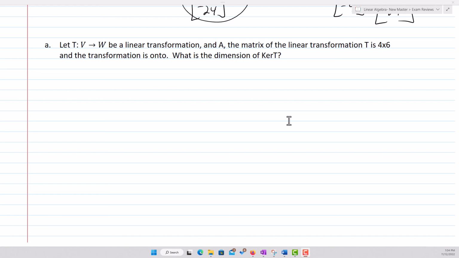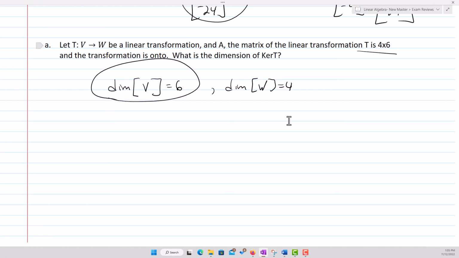T is 4 by 6, so the dimension of V is going to equal 6, and the dimension of W is going to equal 4. Dimension of V equals 6 because this is 4 by 6. Now, the other thing that I have here is that the dimension of W is 4.